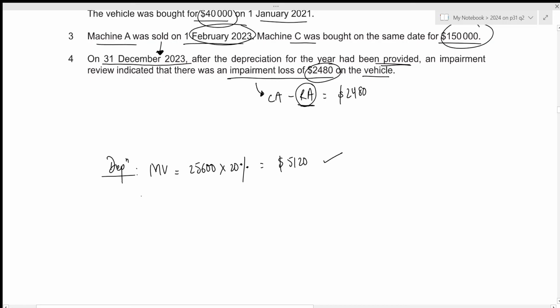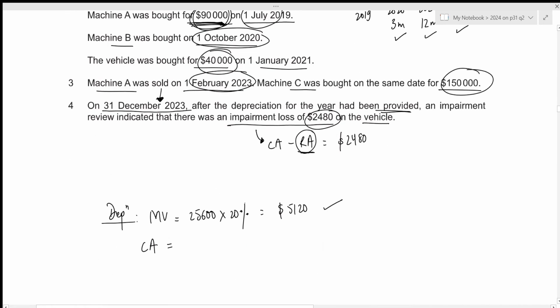In order to figure out the carrying amount at the closing date, we start with the carrying amount at the starting date and subtract the depreciation charge for the year, because the depreciation of current year will definitely reduce our net book value. The starting amount was 25,600. Now we just need to subtract the depreciation we calculated, 5,120, which results in the value of 20,480. This is our carrying amount.